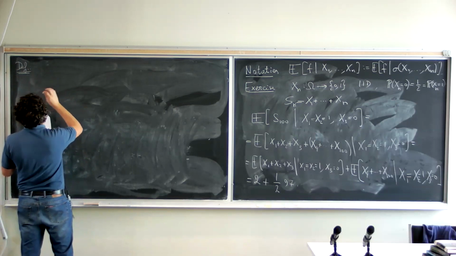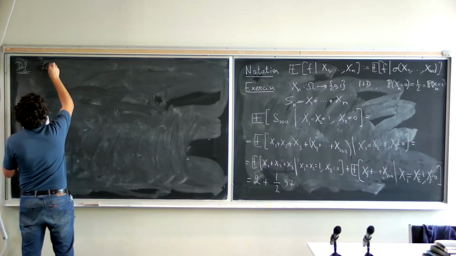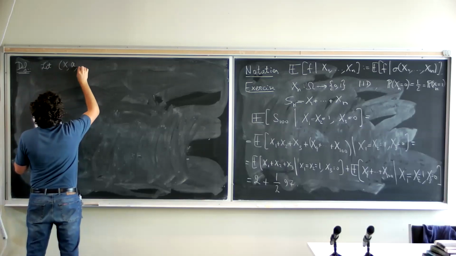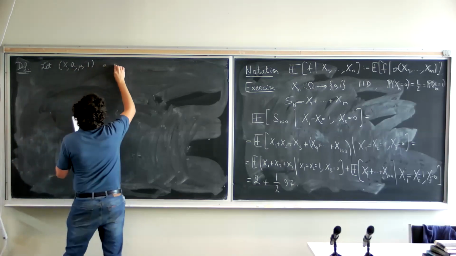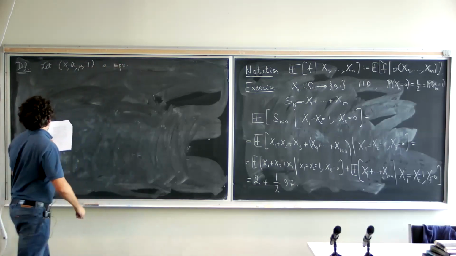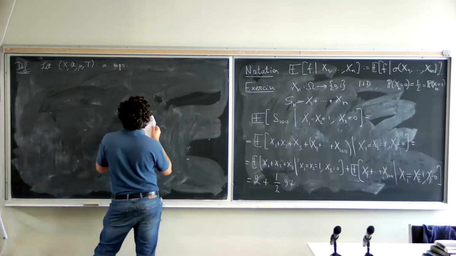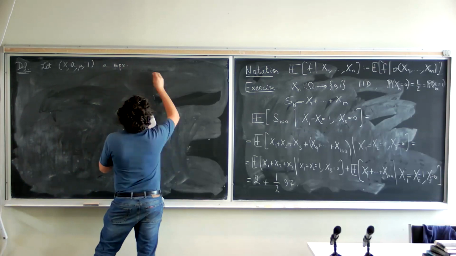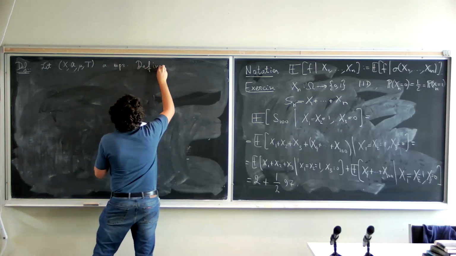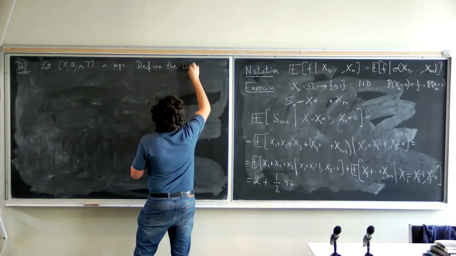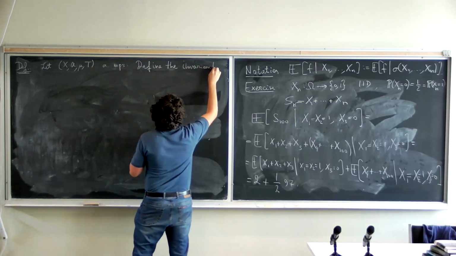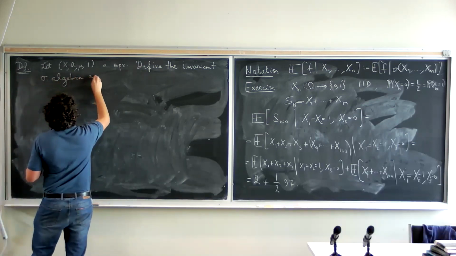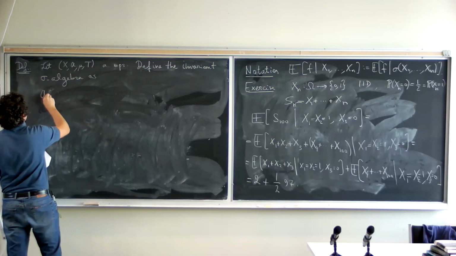So once again, if you have X, A, mu, T, a measure preserving system, you can define the invariant sigma algebra, and we call it AT.